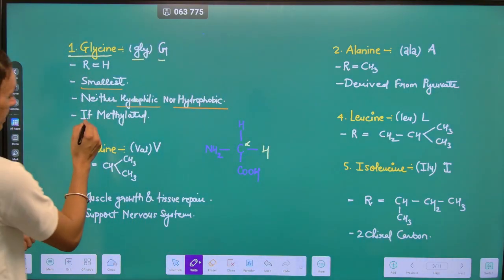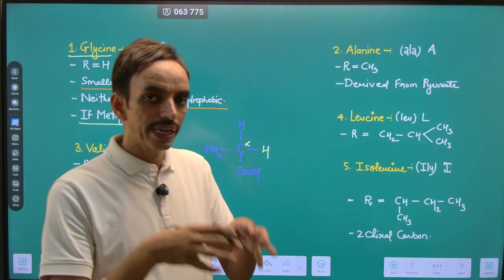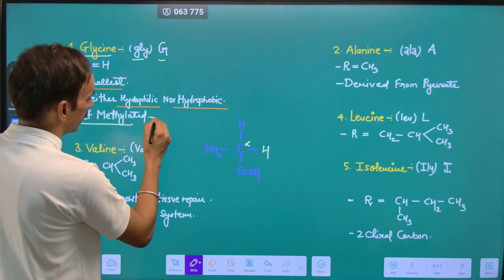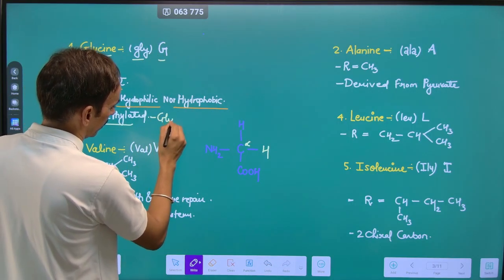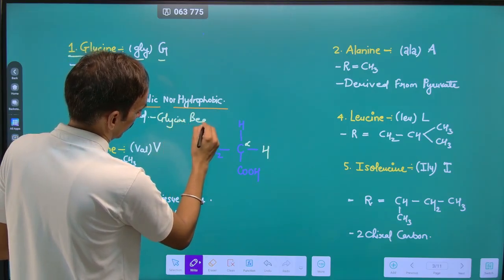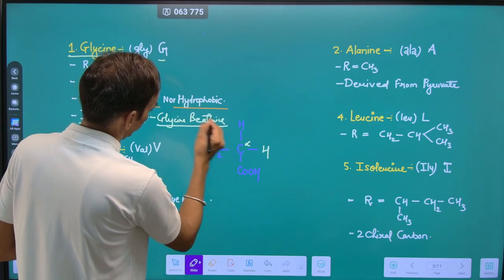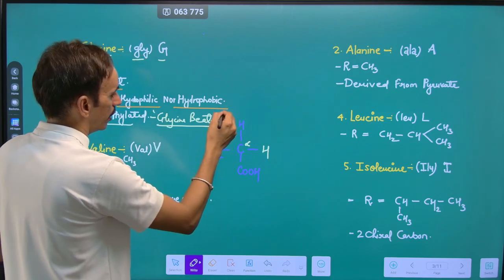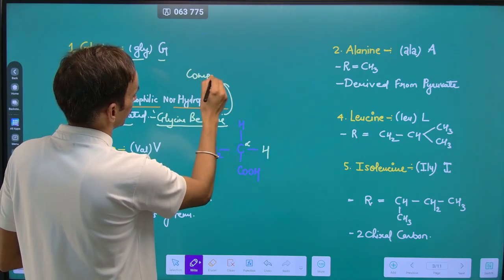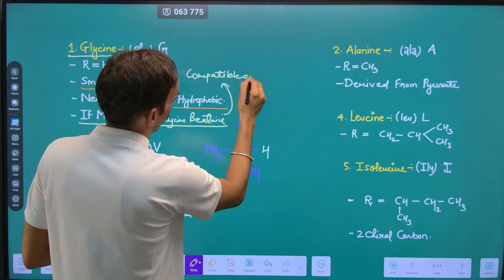If the glycine gets methylated, if you add a methyl group, then it is known as glycine betaine. Now this glycine betaine is known as a compatible osmolyte.